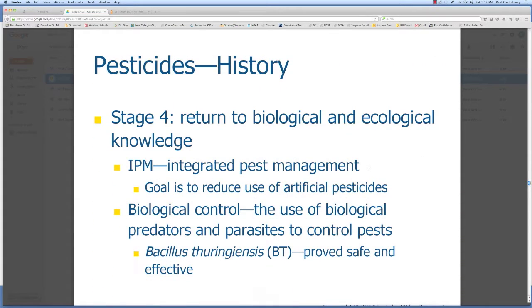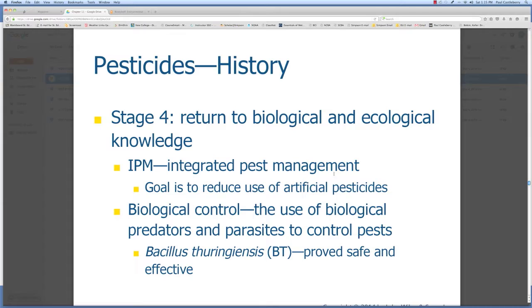Now, stage 4, which is where we're at now, we're beginning to look at, or we have looked at, biological in terms of ecological knowledge, and we've used this term called integrated pest management. And the goal here is to reduce the use of artificial pesticides, and in terms of biological control, the use of biological predators and parasites to control pests.